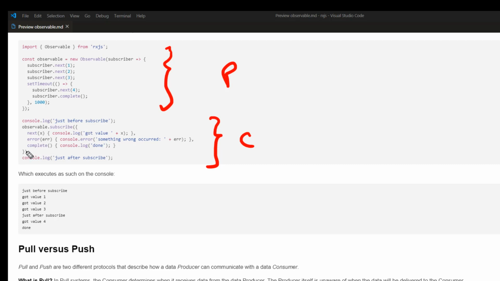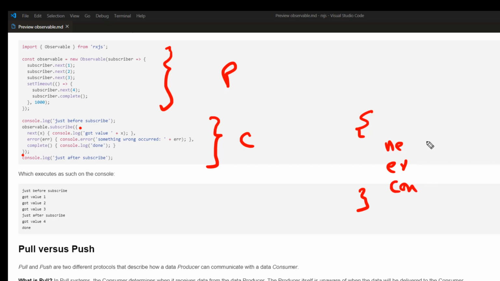Now you see this syntax a lot. It's the JavaScript way of passing functions. What you can see over here, starting from here to here, is nothing but an object. Instead of passing three functions as is, we are passing them in the form of next, error, complete.